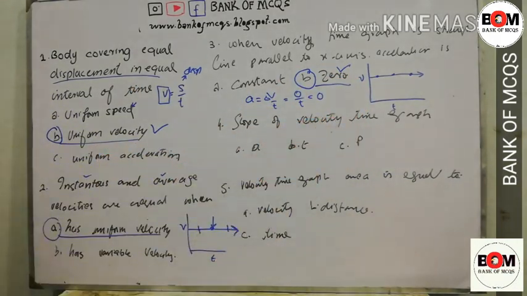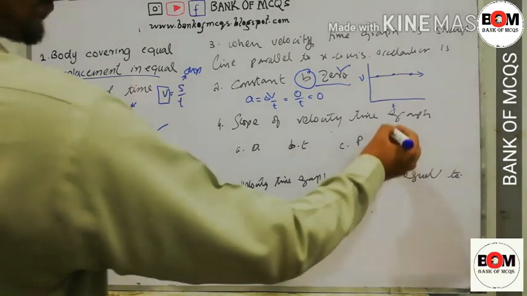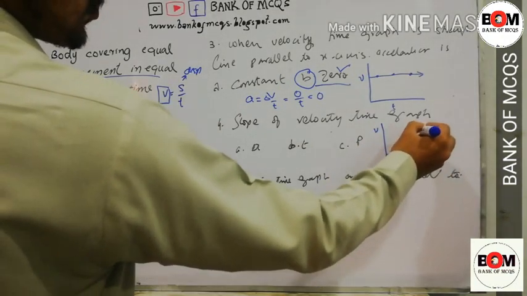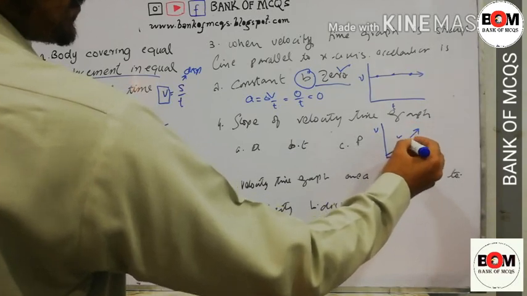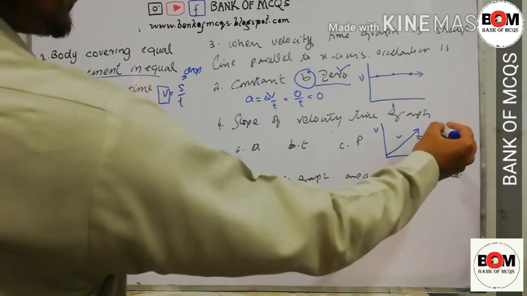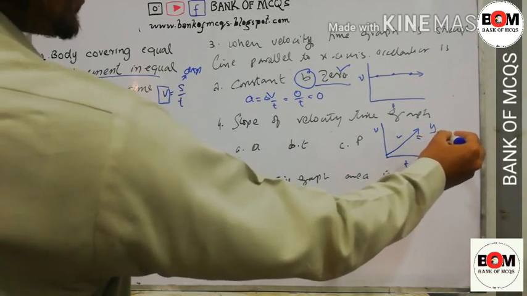Now MCQ number 4, velocity time graph. The slope of the velocity time graph gives us what? If this is velocity and this is T, we know that slope is equal to the y quantity divided by the x quantity.